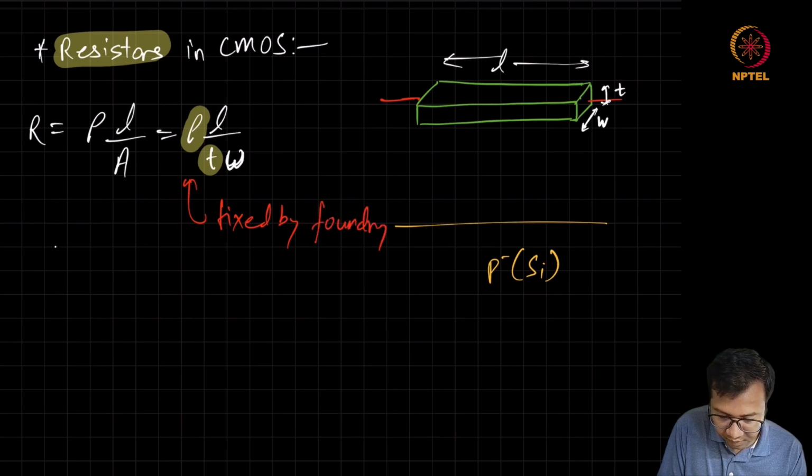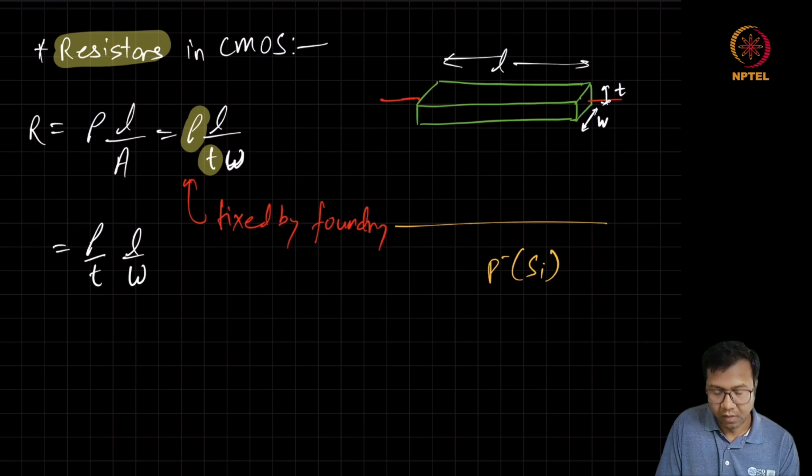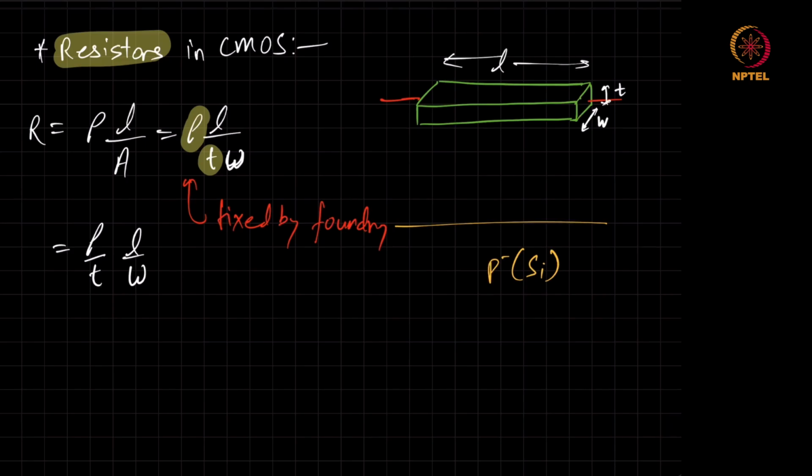Many times what is done is this rho by T is separately given by the foundry, as the material thickness is predefined.